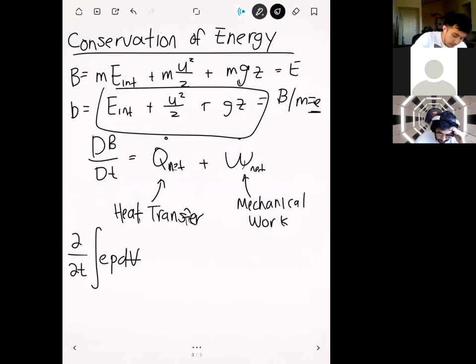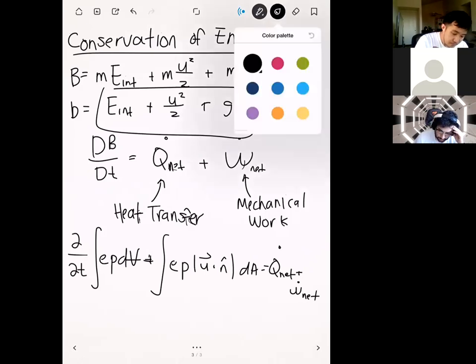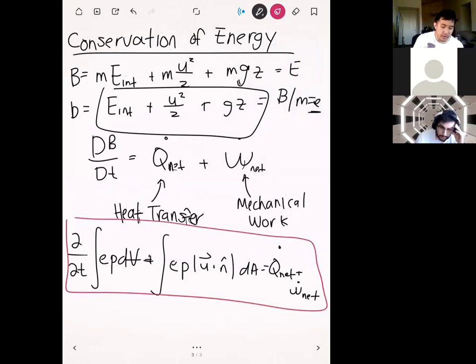Then plus the integral of e rho times the carrying velocity u dot n dA. These are going to be equal to our production terms, Q dot net and W dot net. That right there is our RTT expression for conservation of energy.